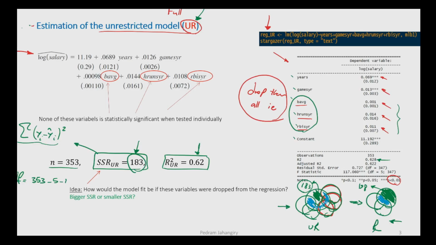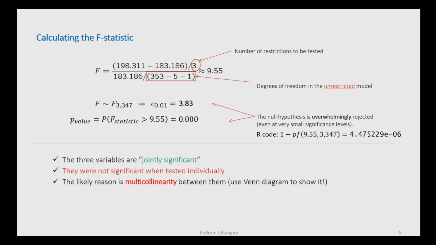All right, now we have everything and we're ready to calculate the F statistic. Remember, this is the SSR of the restricted model, which is larger, minus the SSR of the unrestricted model, which is the smaller one, divided by q.